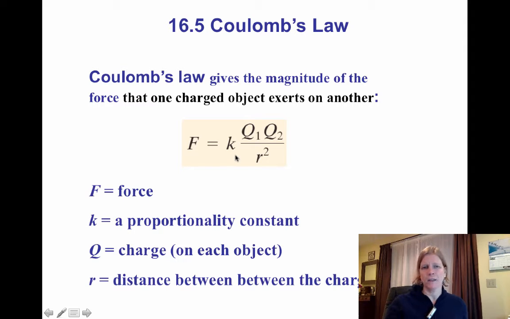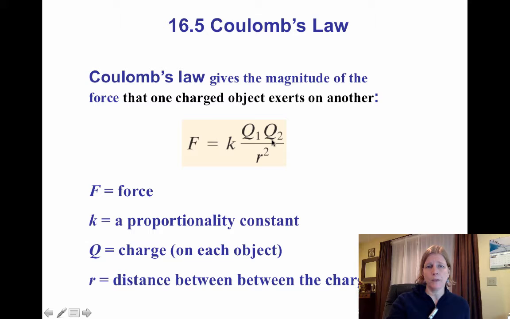That's a proportionality constant. We started out in the previous slide saying that it was proportional to the product of the charges, inversely proportional to the distance. To go from a proportionality to an equality, we have that term K, and it will have a value. Q1 and Q2 are the amount of charge on each of the two objects.